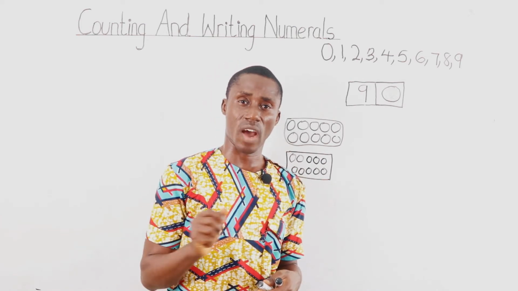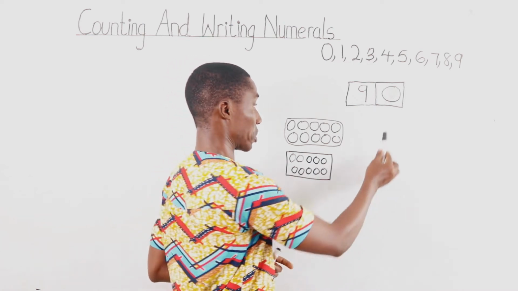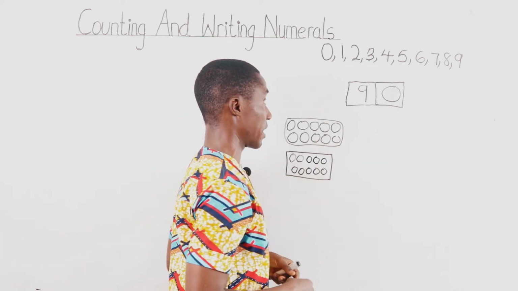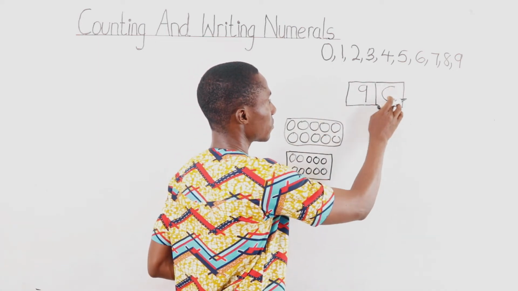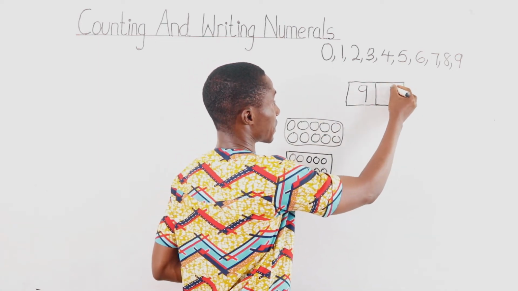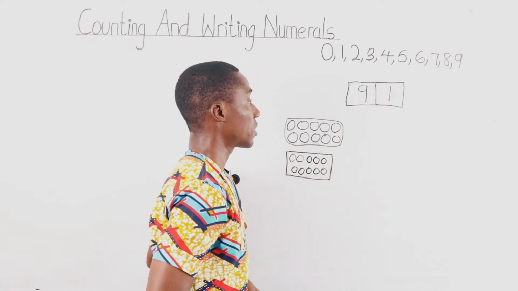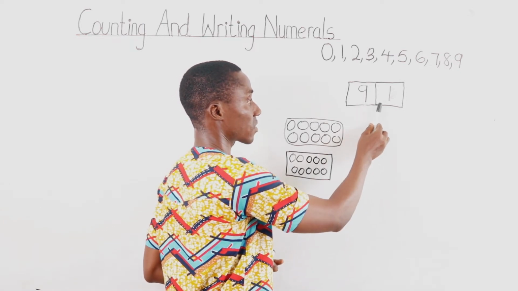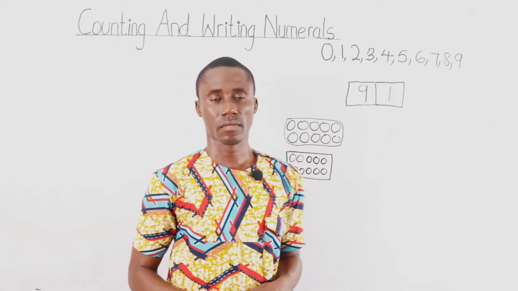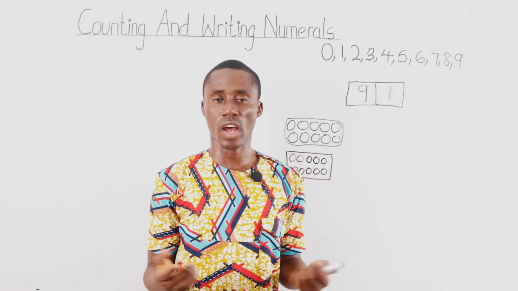So we add one more orange. That one more orange will go into the first number place. That will be the digit 1. And therefore, we will put the digit 1 into the first number place. And we are going to have 9 tens and 1 one, giving us the number 91.